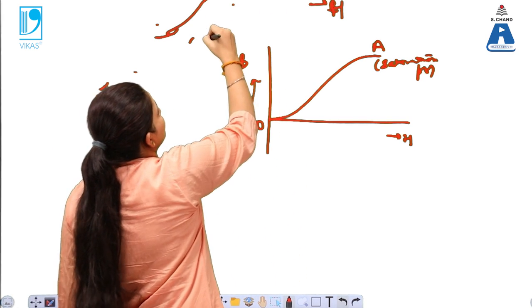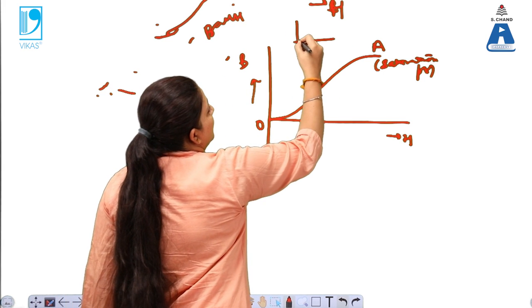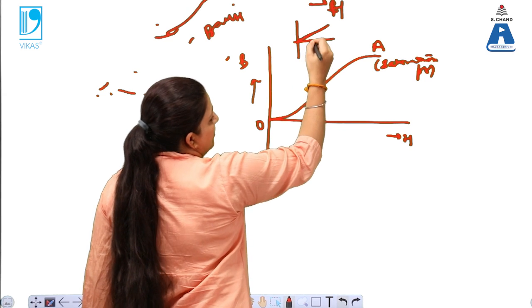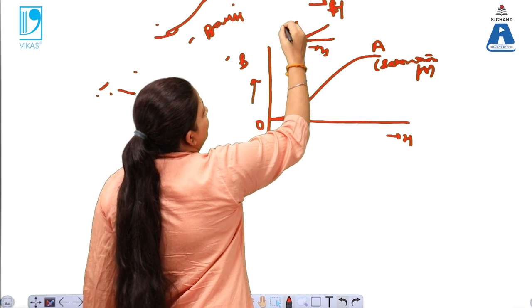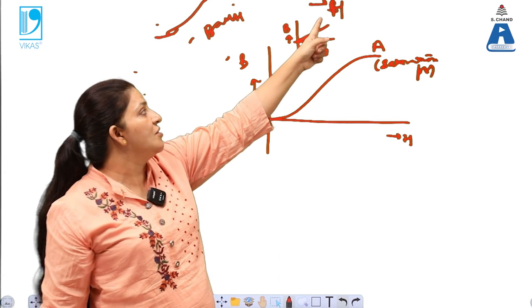Now if B is equal to mu H, a straight line graph is followed like this. As H goes on increasing, the value of B goes on increasing.